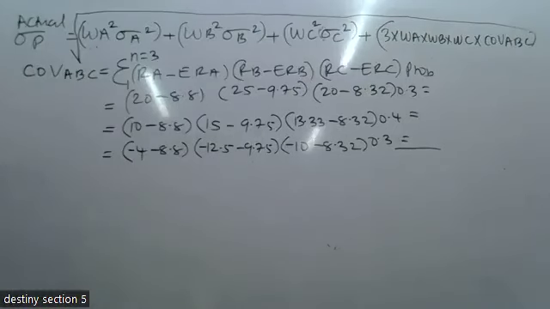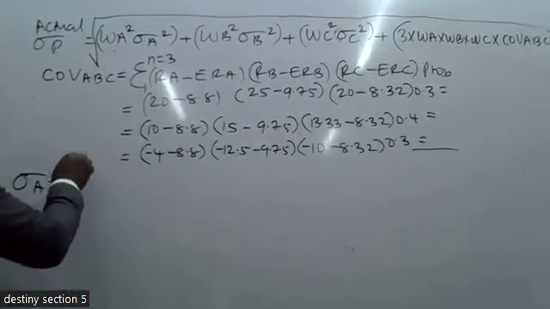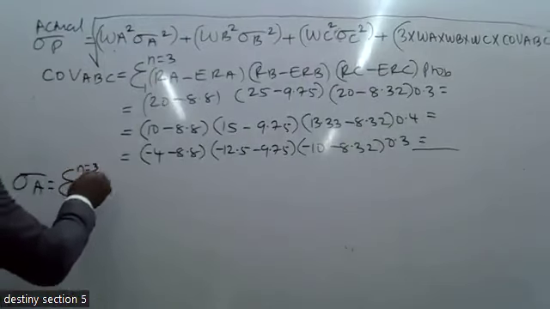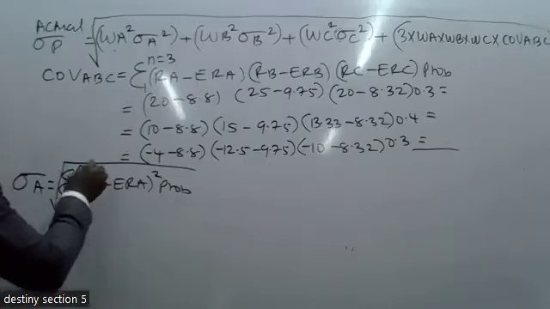So you will also require the standard deviation for each. Also require the standard deviation for A. So for the standard deviation for A, get the solution. Return for A minus expected return, square it, multiply by the probability, then get the square root.